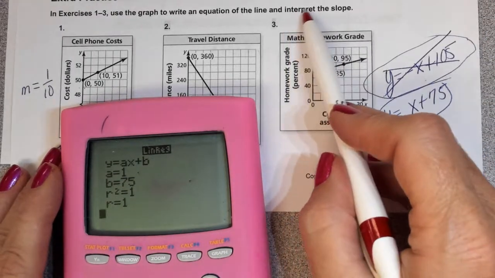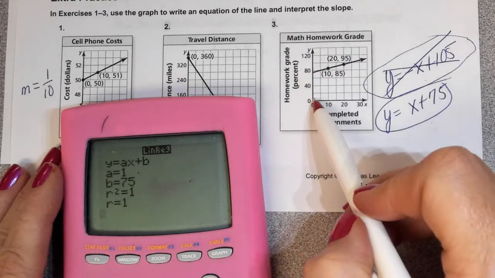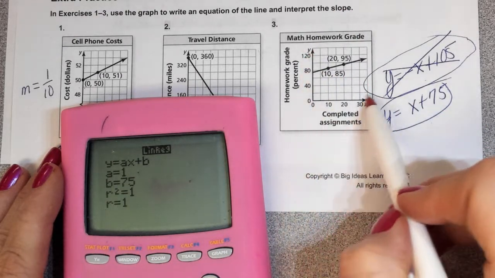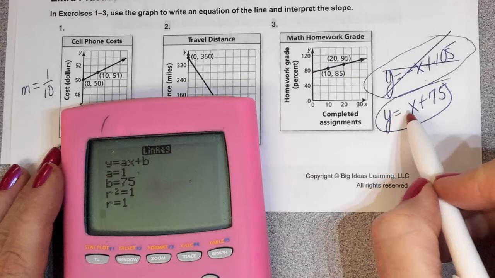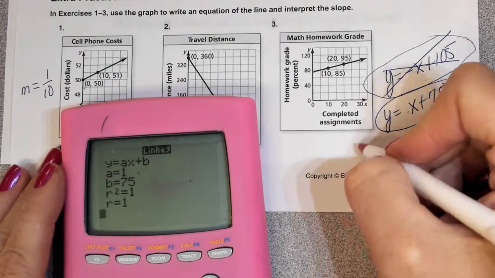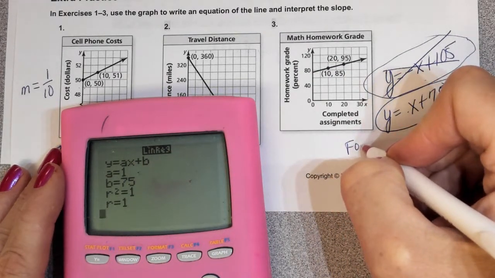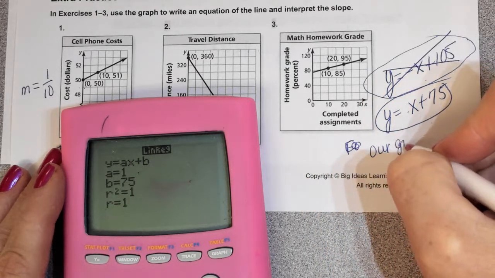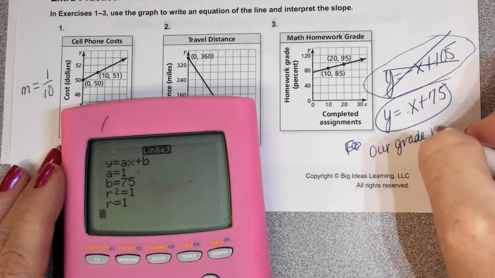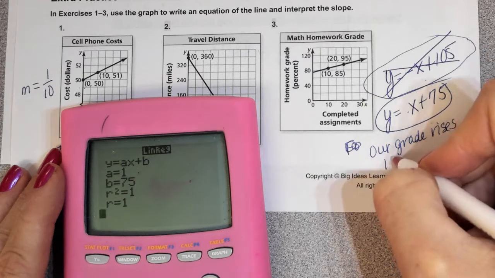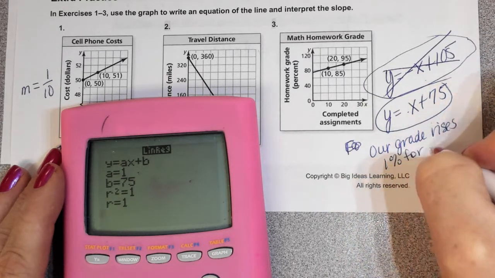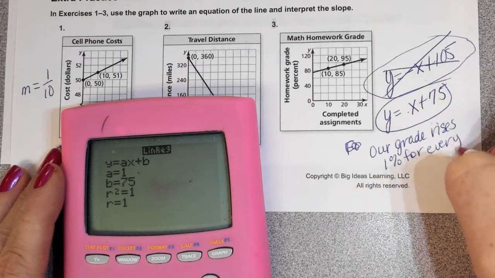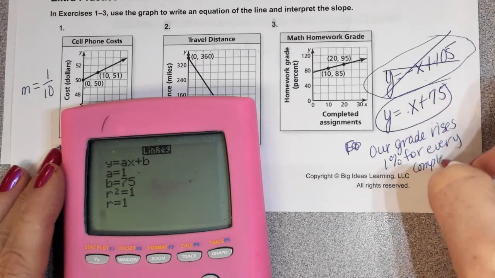And now when it says interpret the slope, let's see, this is our grade and this is our completed assignment. So since it's a 1, that means for every, let's say it this way, our grade rises 1% for every completed assignment.